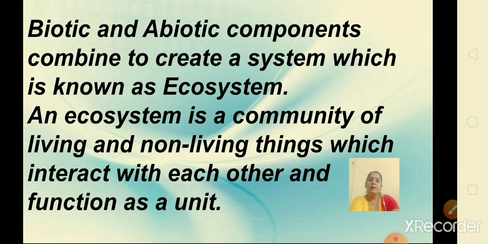They are connected by the transfer of energy and materials. An ecosystem can be as huge as a large rainforest, grasslands, desert, ocean, mountains, or it can be as small as a lake or a pond.